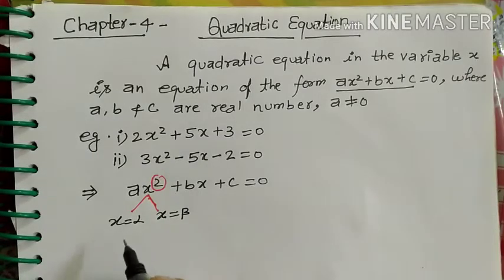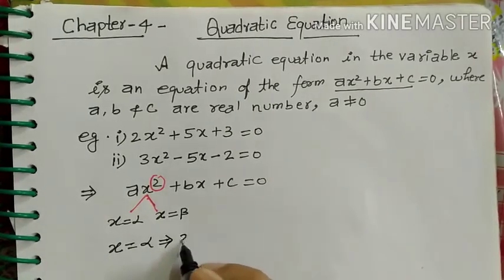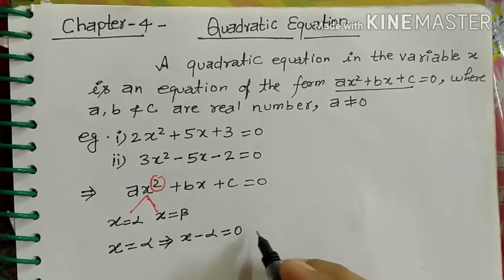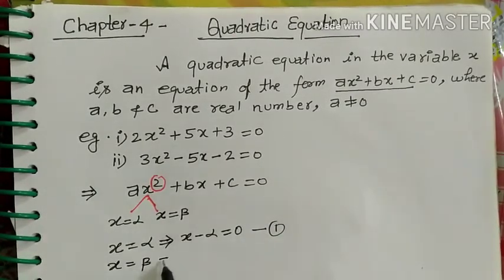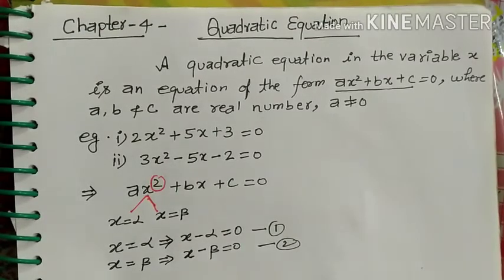So x equals alpha will be written as x minus alpha equals 0. Okay, that's equation number first. And x equals beta will be x minus beta equals 0. That's equation second.